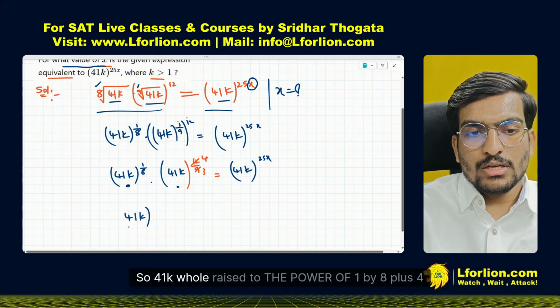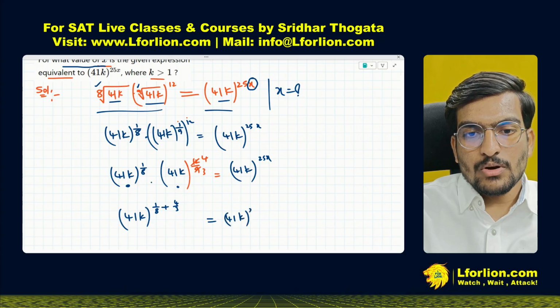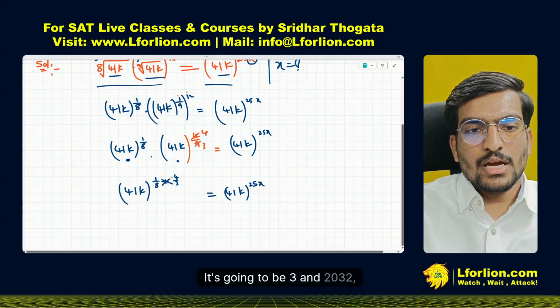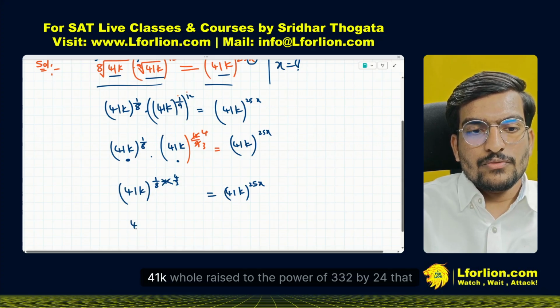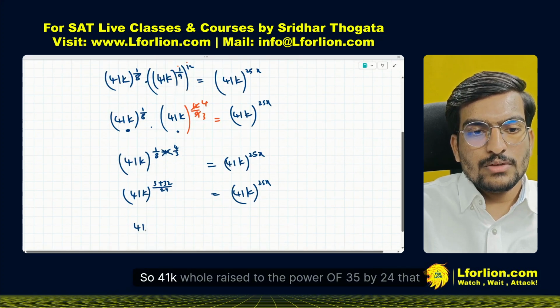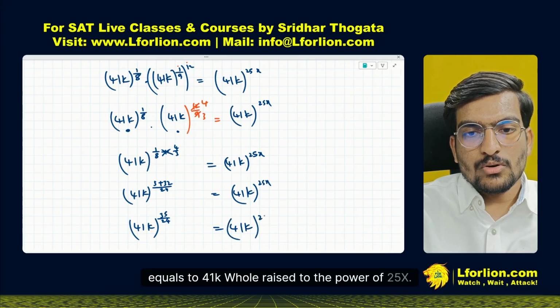So 41k whole raised to the power of 1 by 8 plus 4 by 3, that equals 41k whole raised to the power of 25x. So just solve this part. It's going to be 3 and 32. 41k whole raised to the power of (3 plus 32) by 24, that equals 41k whole raised to the power of 25x. So 41k whole raised to the power of 35 by 24, that equals 41k whole raised to the power of 25x.